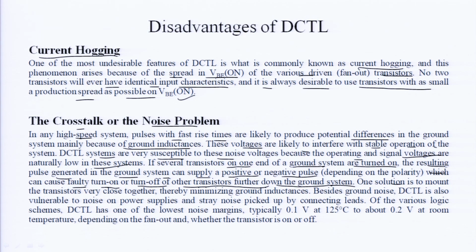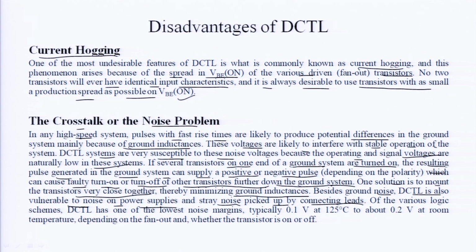One solution is to mount the transistors very close together, thereby minimizing the ground inductances. Besides ground noise, DCTL is also vulnerable to noise on power supplies and stray noise picked up by connecting leads. So, these are the disadvantages, okay.